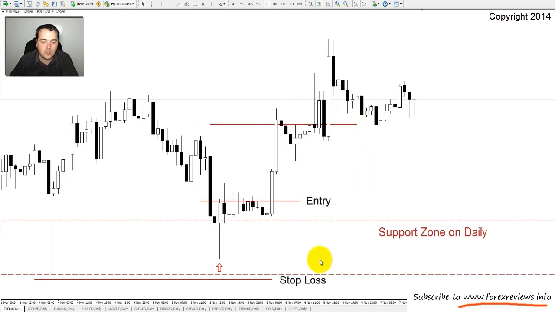Now you're probably wondering where to use break even, right? Well, this is an interesting candle, because it's a pin bar, so the body size is quite small.